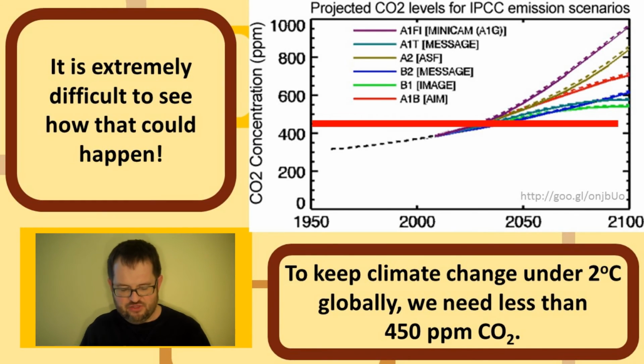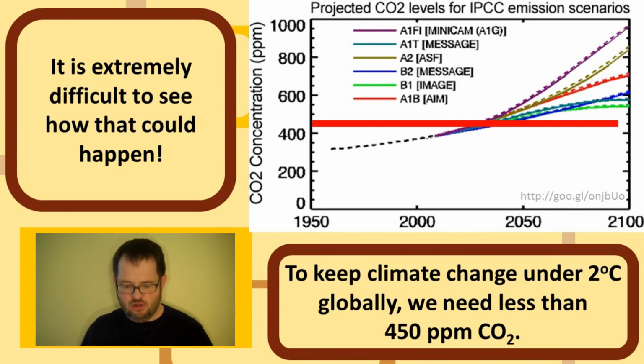So I drew 450 on there as that red line. Good luck with that. It is extremely difficult to see how anything could make that happen. Even the most ambitious scenarios, spending trillions on green technologies, don't come close to stopping before they hit 450 parts per million. This is dark stuff.